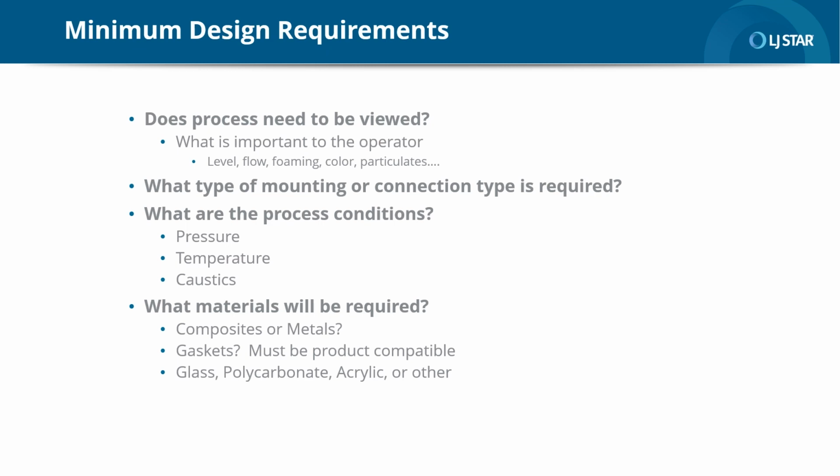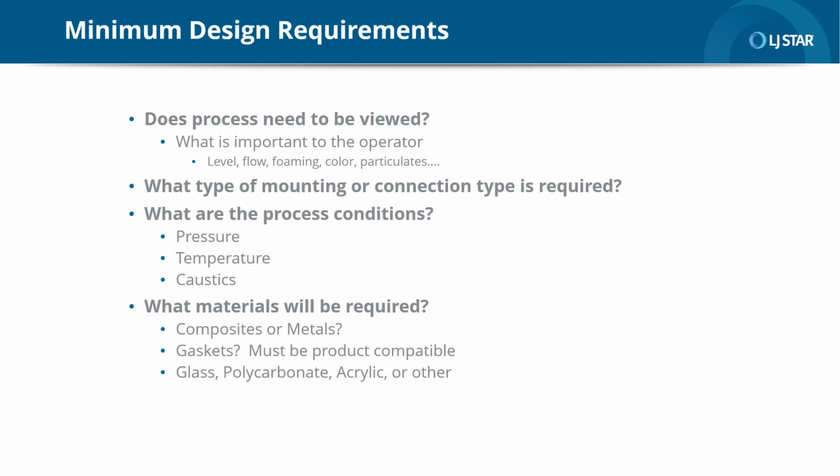In that case, we may have some issues, because if 800 is all of a sudden your maximum requirement, you've exceeded the temperature requirements of our standard glass, and we would have to move you into the next step up, for example. So having pressure and temperature are two of probably the most important requirements when we're trying to assist you in designing a sight glass.